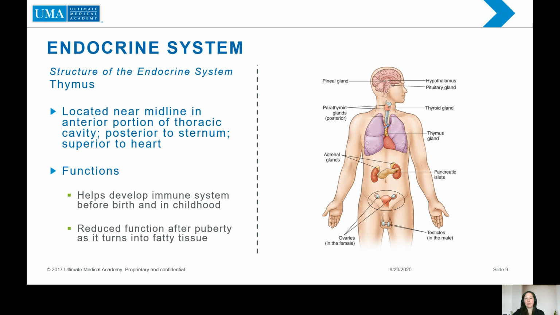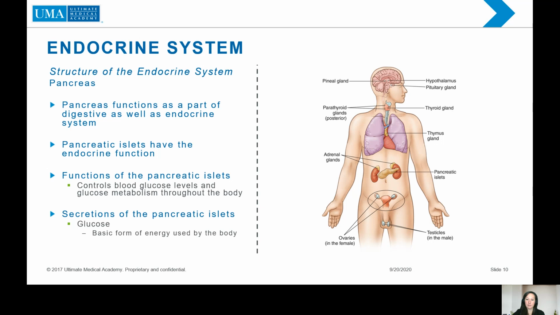So it's really helping us develop our immune system as a child and before we are born. So it's reduced function after puberty. Really, it doesn't do much after you hit puberty and it just turns into fatty tissue there.